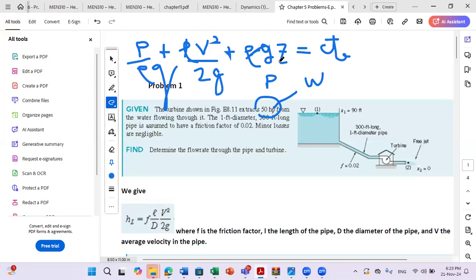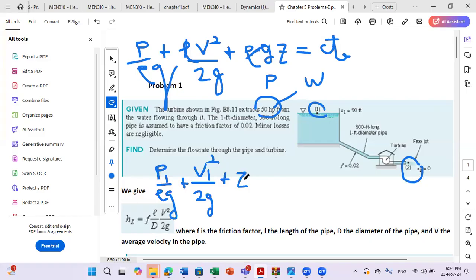Okay, so what we'll do together, we'll write the equation in head form, but we'll consider the most general case. So we can talk about applying Bernoulli between points, for example, here between point 1 and 2. So the general equation will be P1 over rho g plus V1 square over 2g plus Z1. In case you have a pump in your system, the pump will add to the energy of your fluid.